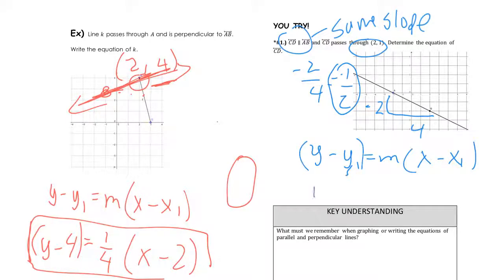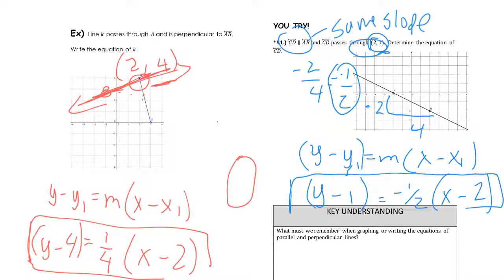So I'm going to do y minus my y value, which is 1. My slope is negative 1/2. And x minus my x value, which is 2. So there's my equation of the parallel line that goes through 2, 1, which would be this point.